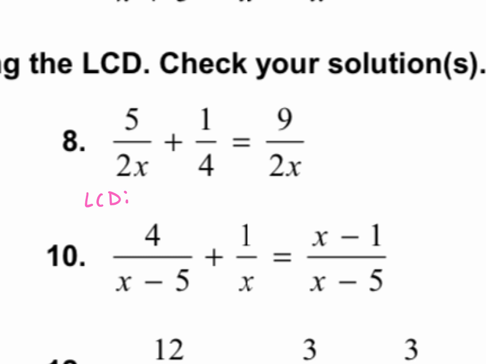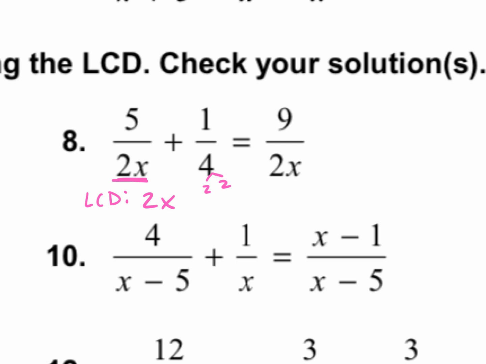Well, 2x and then times 4. Well, 4, what are two factors of 4? 2 and 2. So I have to start by listing the factors of the first. A 2 is already listed here. So what else from the second group do I have to include?